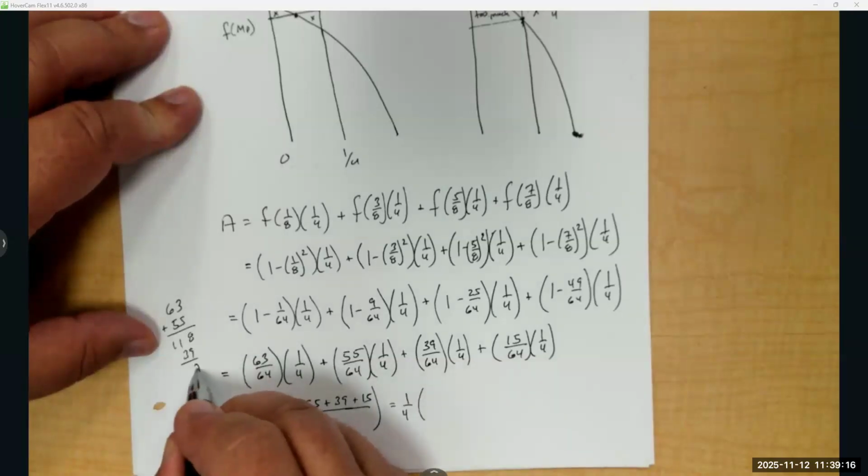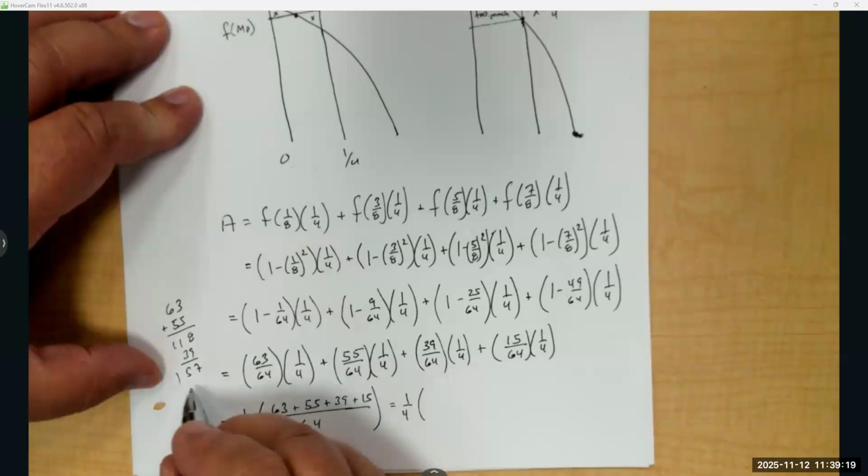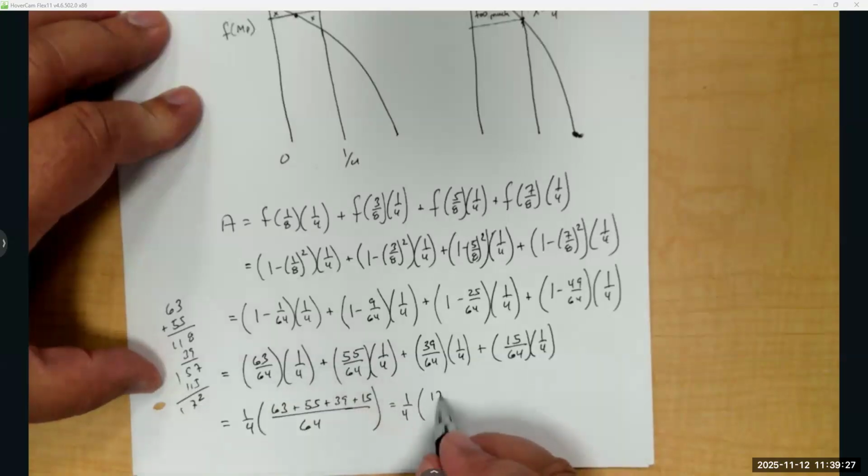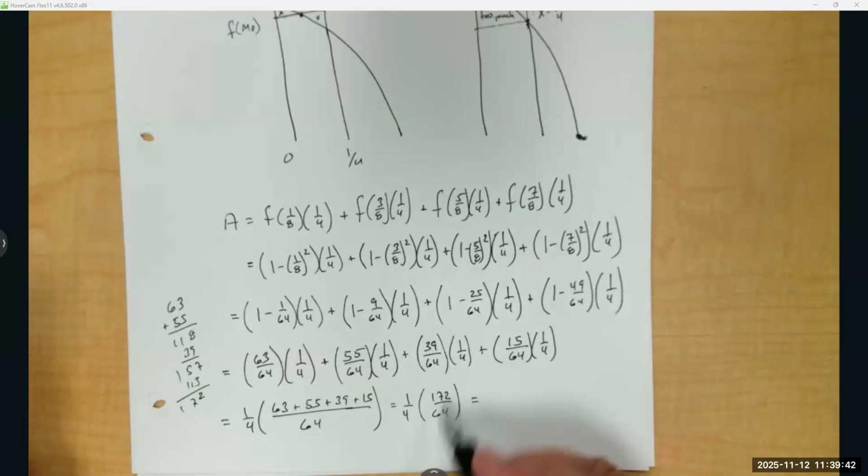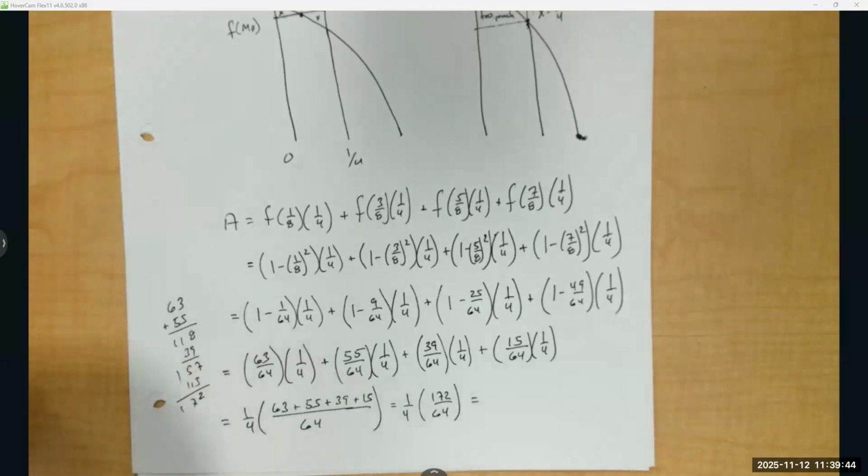That's 172 over 64. And now we use the calculator because now it's getting bigger. Actually, we'd simplify that, but we only have half an hour left.